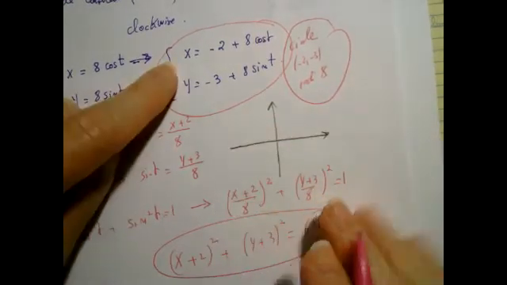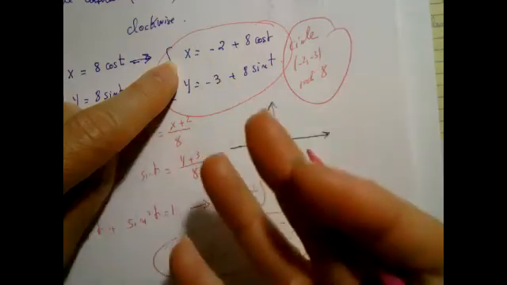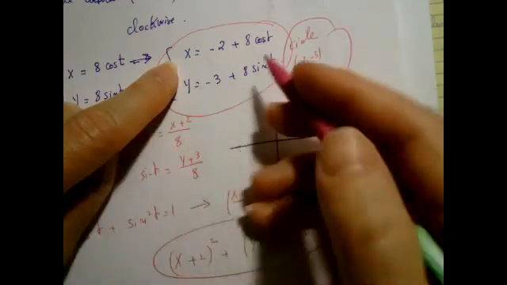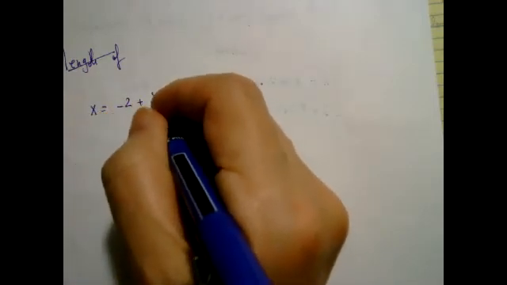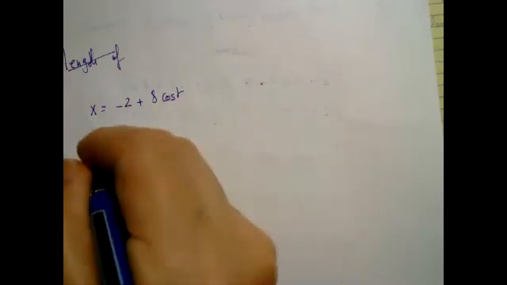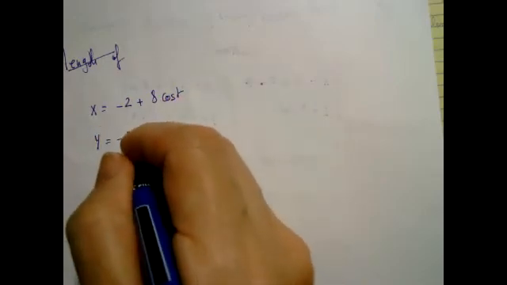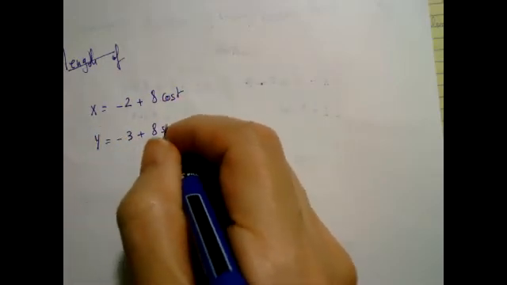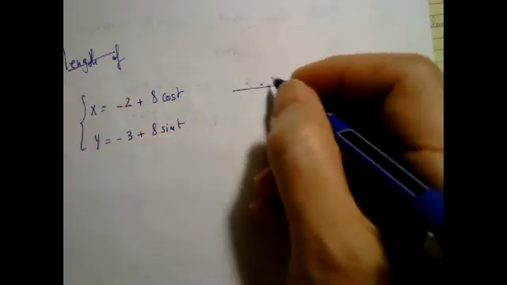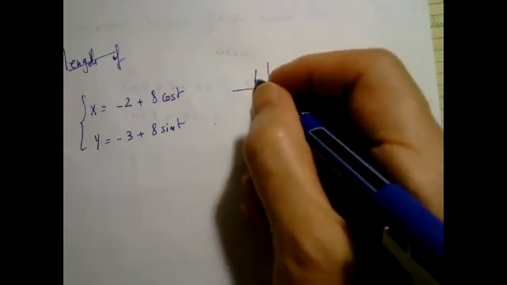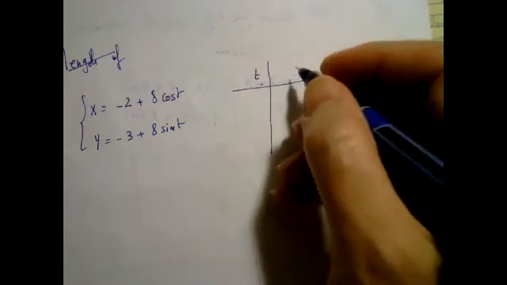I can draw it. So, I plug in points like we did yesterday. T equal to 0. So x is -2 plus 8 cosine t and y equal... And I know it's a circle, but I'm going to just plot enough points to tell me whether it's clockwise or not.